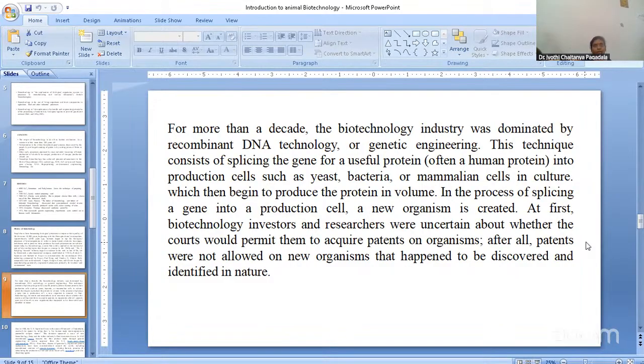Here, classical biotechnology is traditional biotechnology, which was developed by our ancestors, like fermentation by bacteria, such as ghee, which is fermented from milk. Similarly, the preparation of curd, wine, beer, and vinegar.